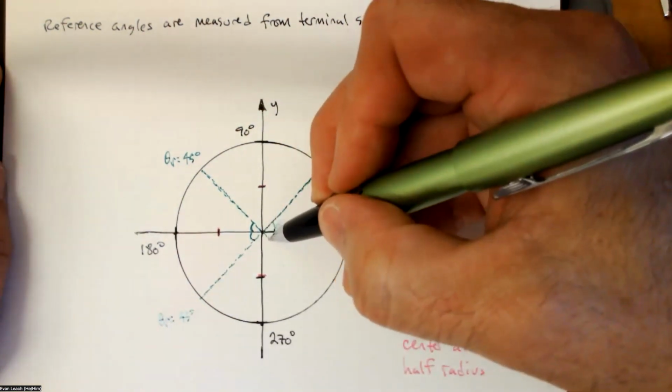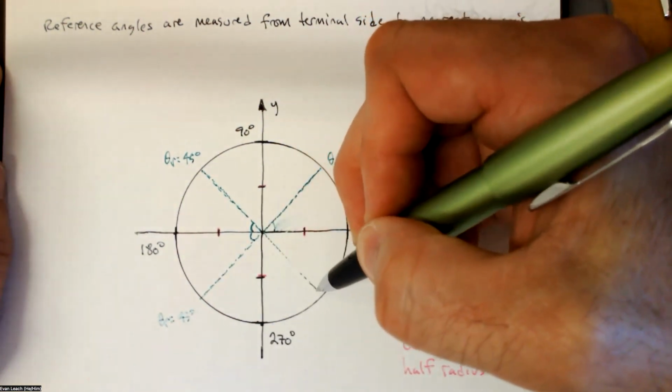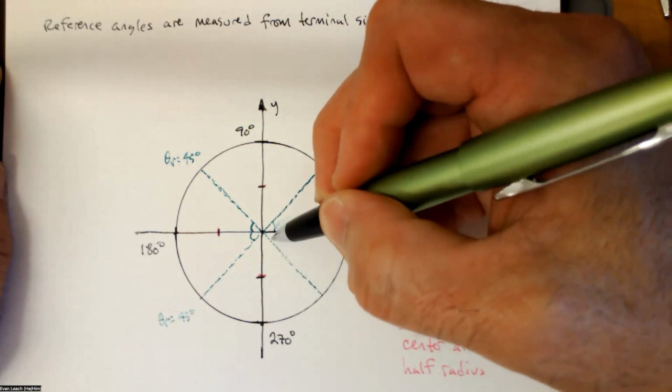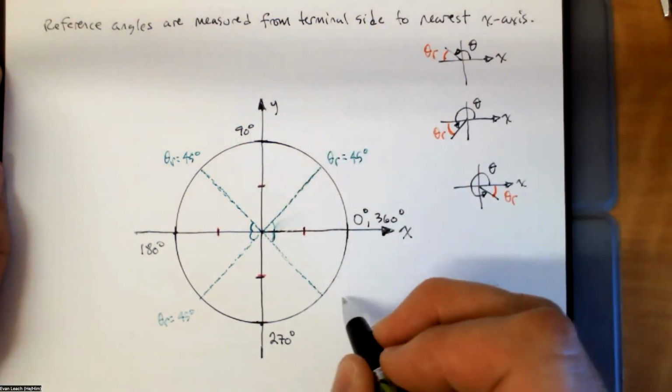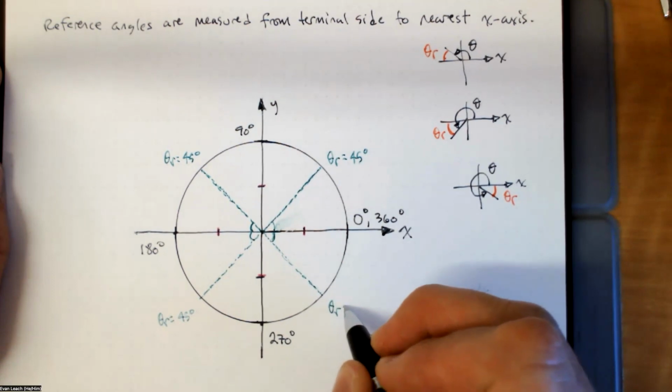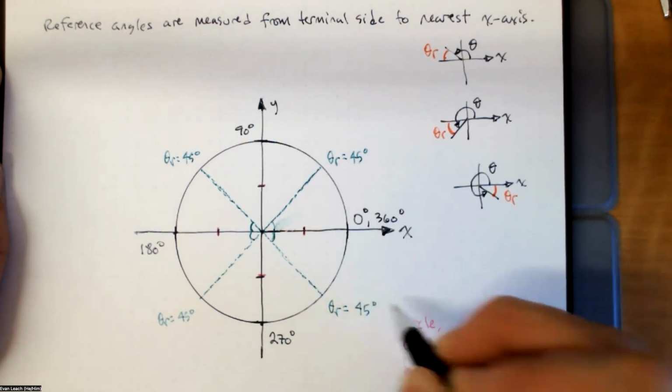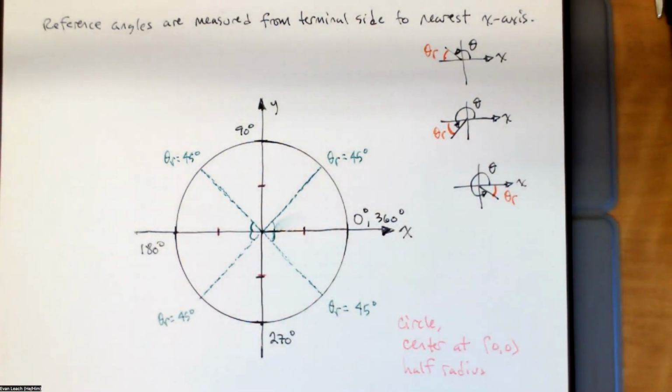And there's one in the fourth quadrant. I'll start with 45, even though it's the one in the middle, because it's the one in the middle, and it's easiest to locate.